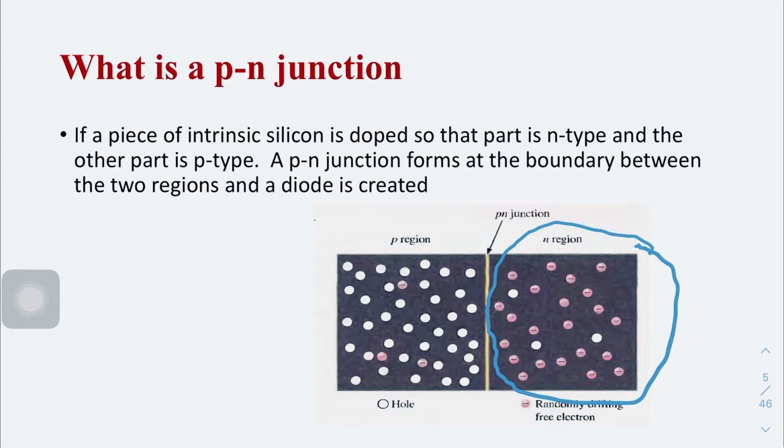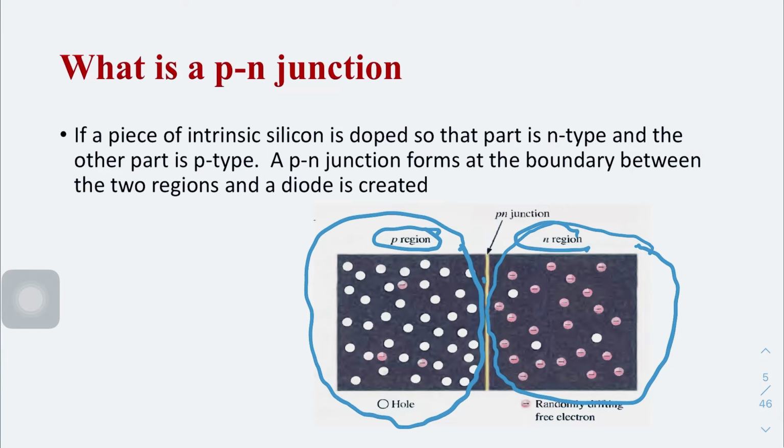If we add acceptor impurity atoms to the other side, this adds free holes to the structure, and then we get a p-n junction. As you see from this picture, we have a line junction between the n side and the p side, and by this we get the p-n junction.